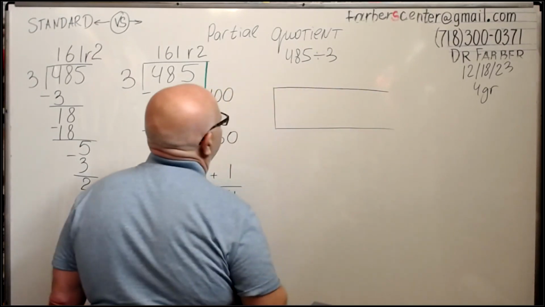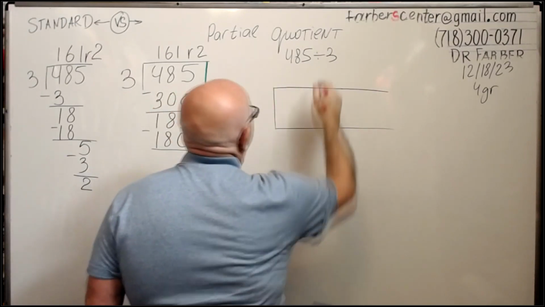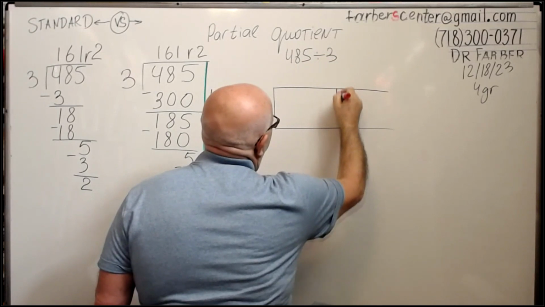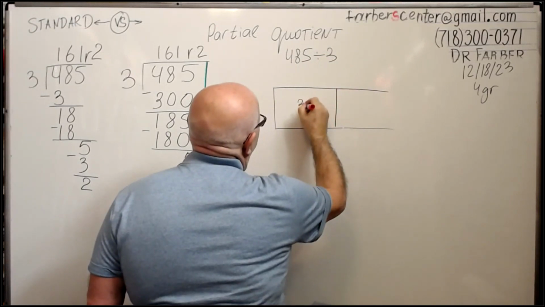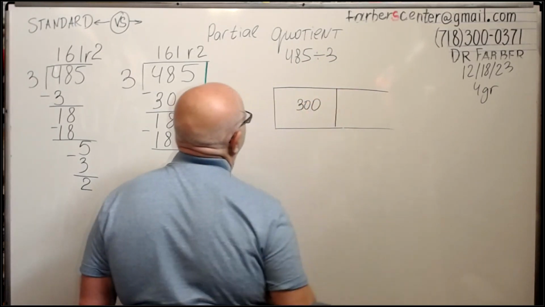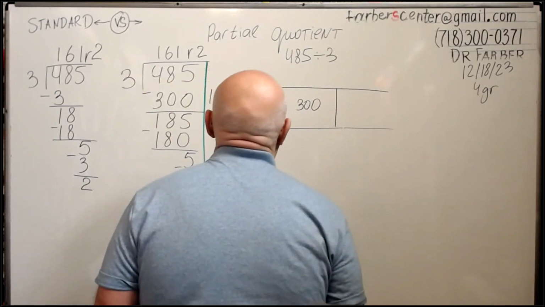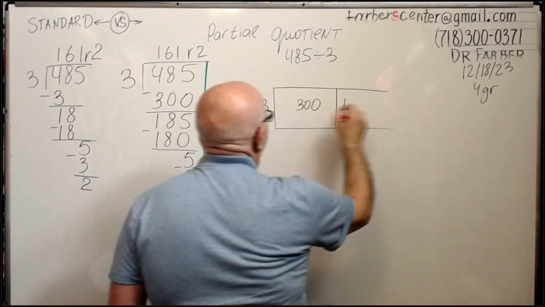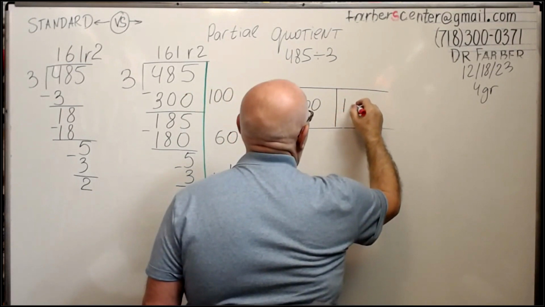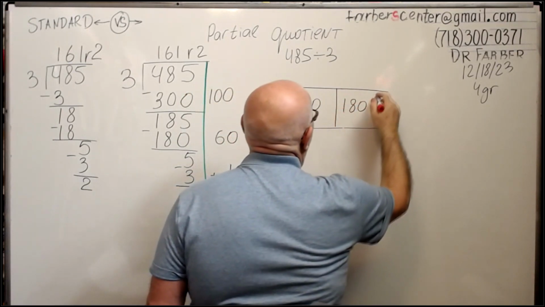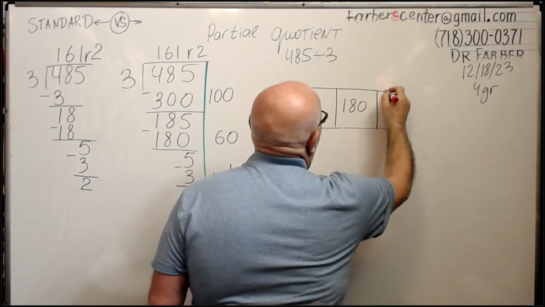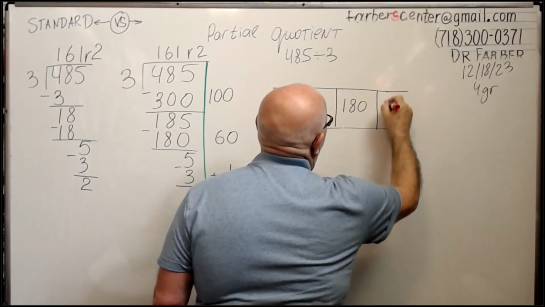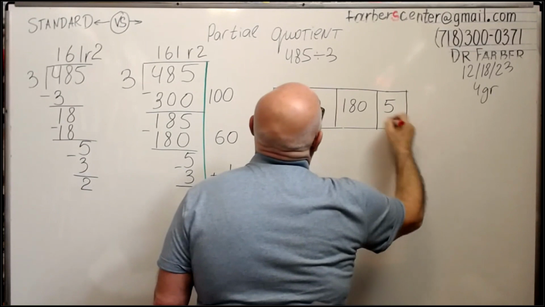So what is 485? It's 300, 180, and you divide by 3. 180. And what is left? 5. This array.